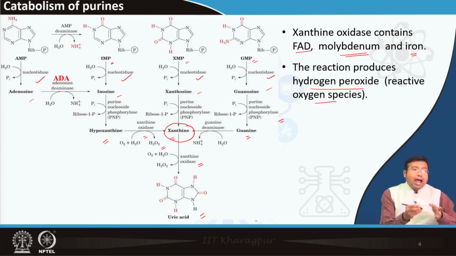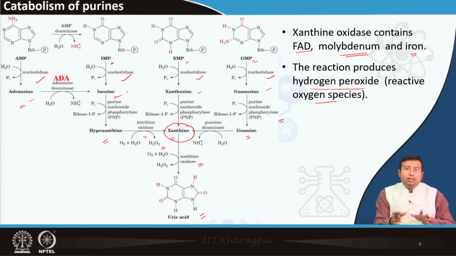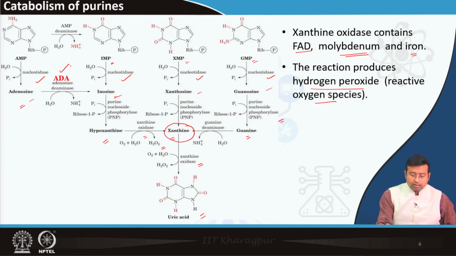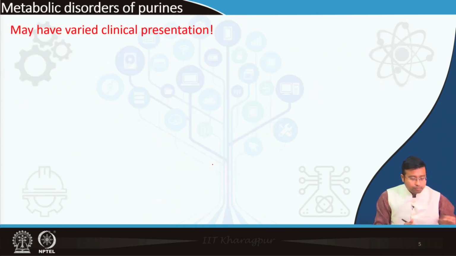And the adenosine to inosine conversion is done by the enzyme adenosine deaminase, abbreviated as ADA. Later in the slides, when we are discussing various disorders, all these names will be very handy. Adenosine deaminase, purine nucleoside phosphorylase, xanthine oxidase, all of them are very important.